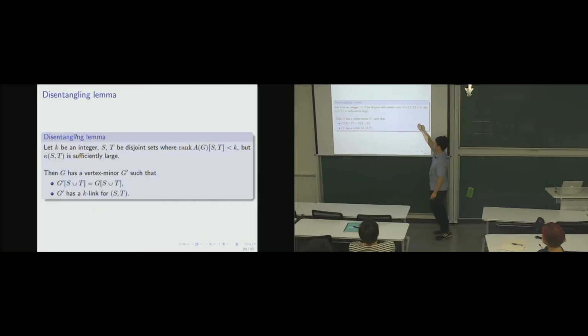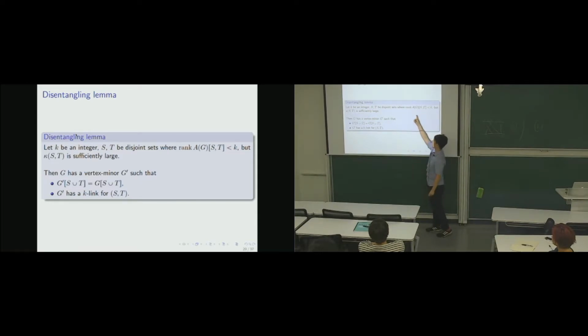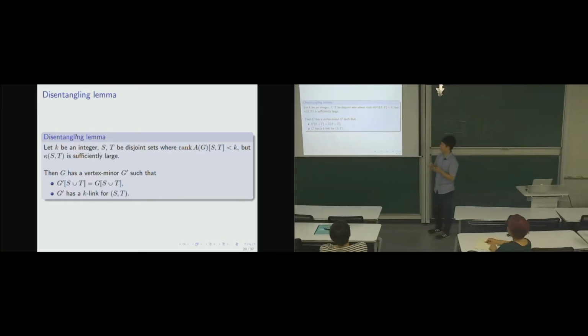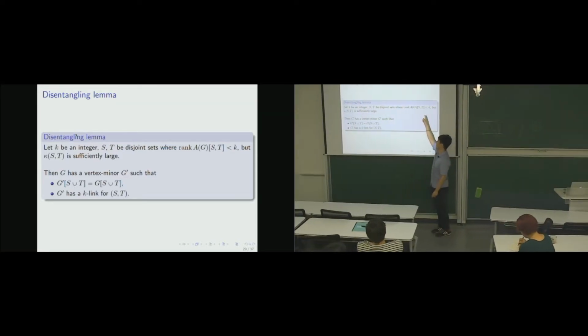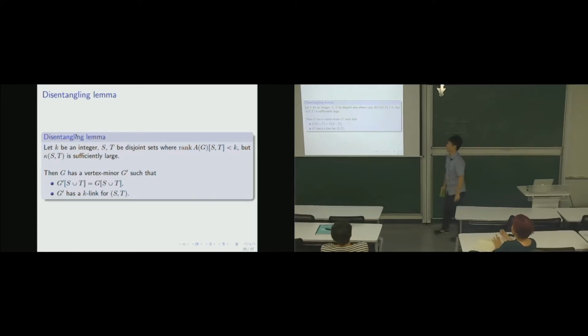The assumption is that the rank between S and T is smaller than k. The previous theorem by Sang-il doesn't have any assumption on the rank between S and T, but here the rank between S and T is small. And then the connectivity is much larger than k. Just assume that it is much larger than k.